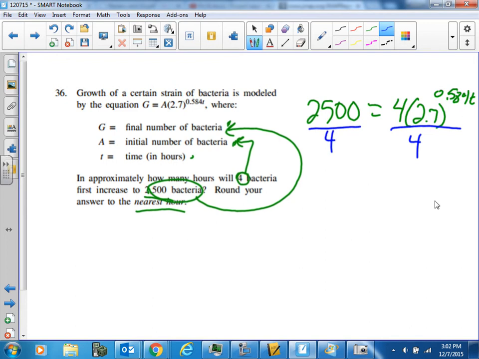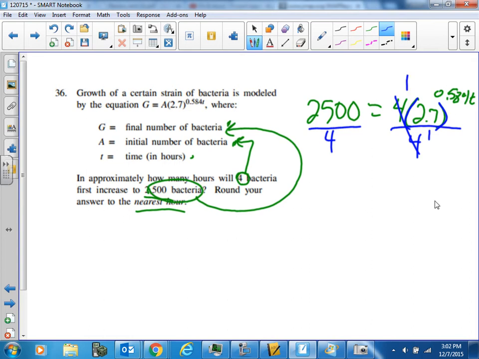Remember, that 4 is not being raised to the power. Only this 2.7 is. So we can divide that 4 legally. We could not divide that 2.7. We also don't want to divide 4 and 2.7. That's a no-no. But we can divide the 4s here, get 1 and 1.